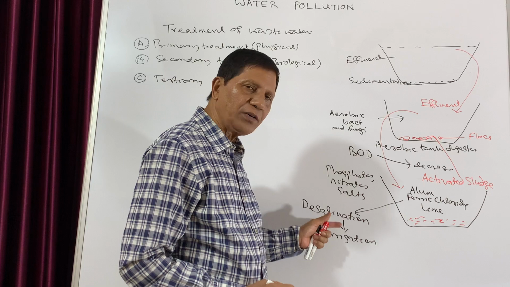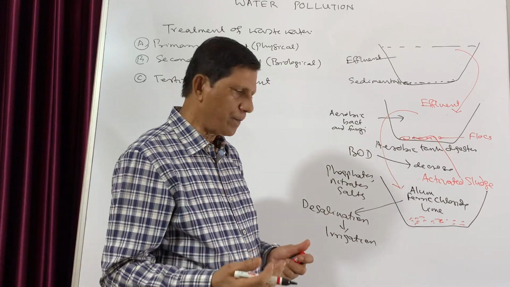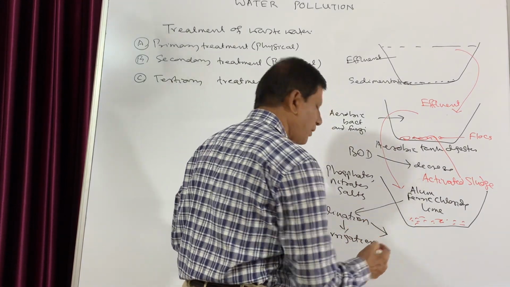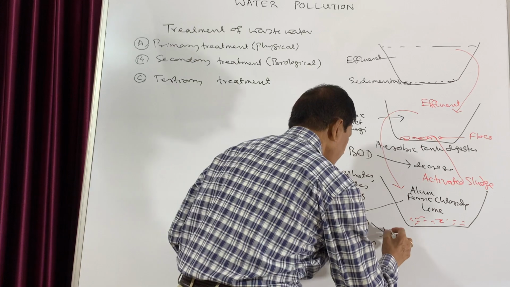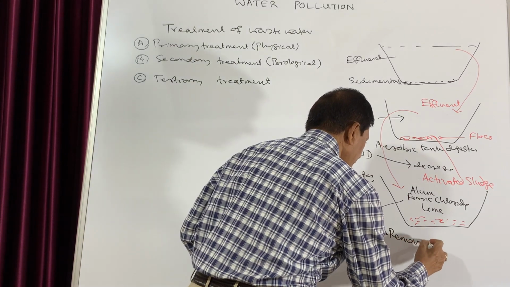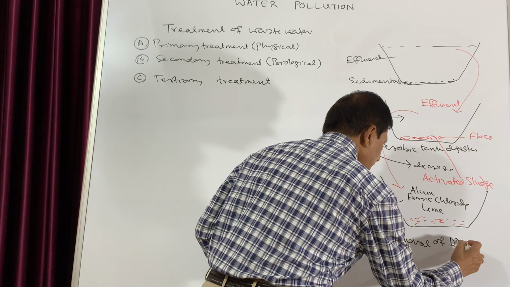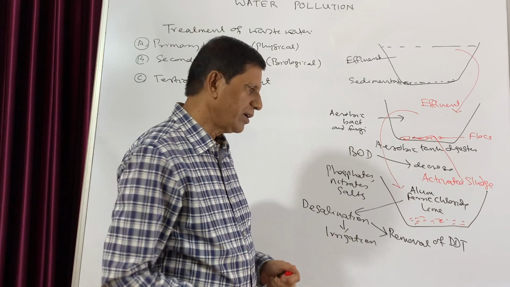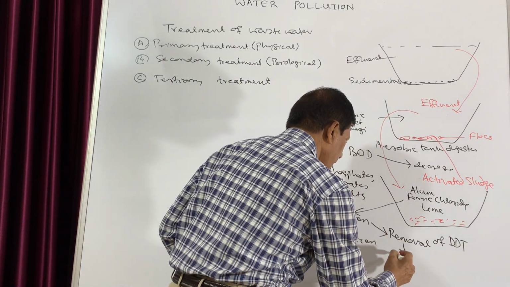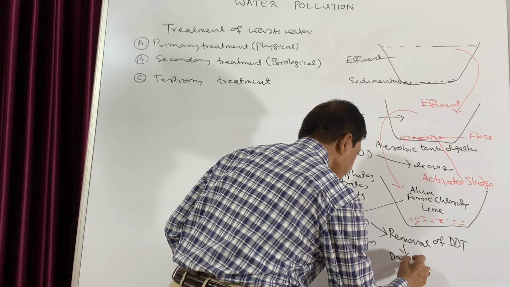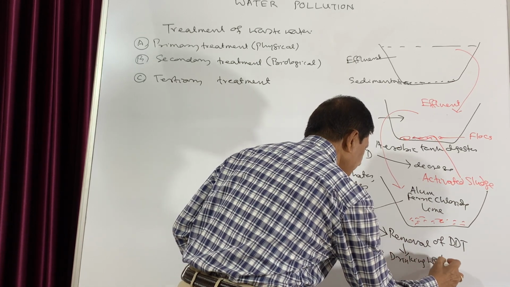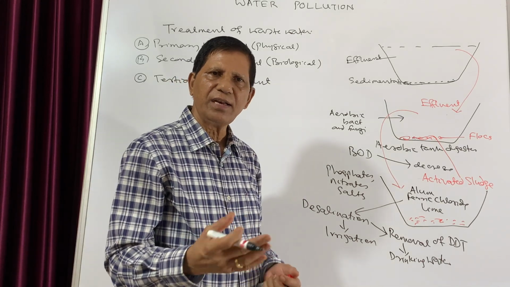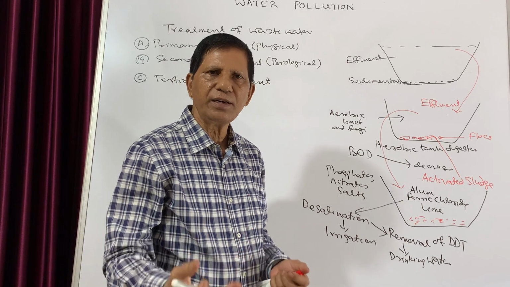But to make this water drinkable, it is to be treated for removal of DDT. Nowadays several techniques are there, and from this water the DDT can be removed. Then only it can be used for drinking water, and this water can be released to the nearby streams, rivers, lakes, or the tanks.